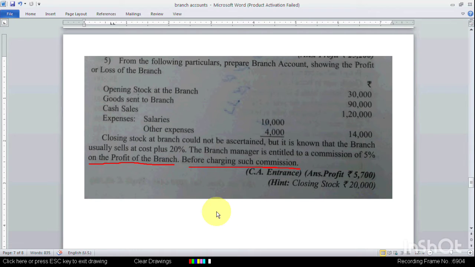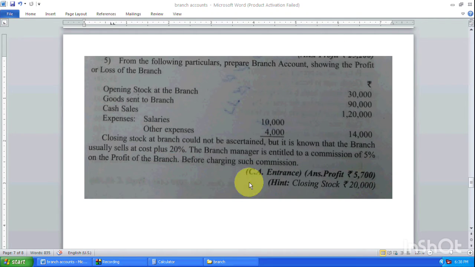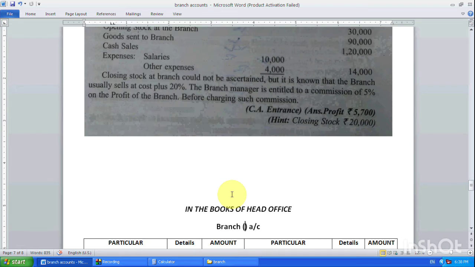On that figure we have to deduct 5% for branch manager commission. After deducting the commission, we will get the true profit. Cost plus how much? 20% is the cost plus.